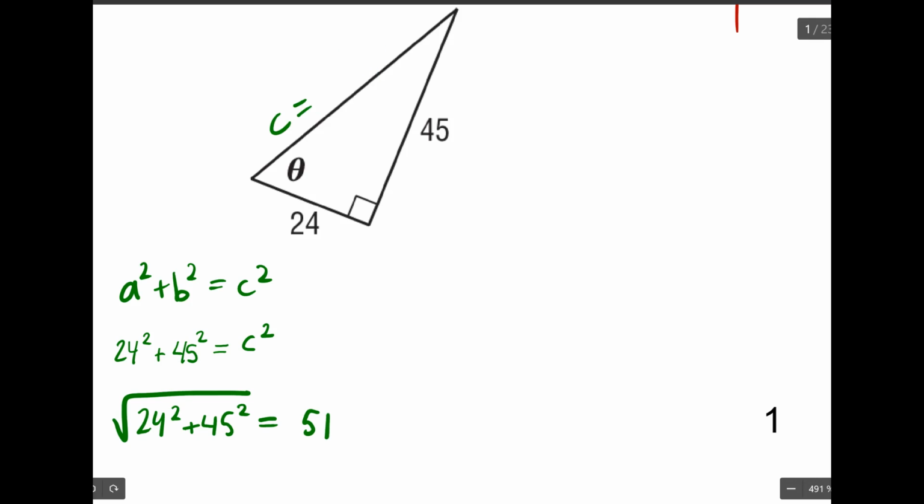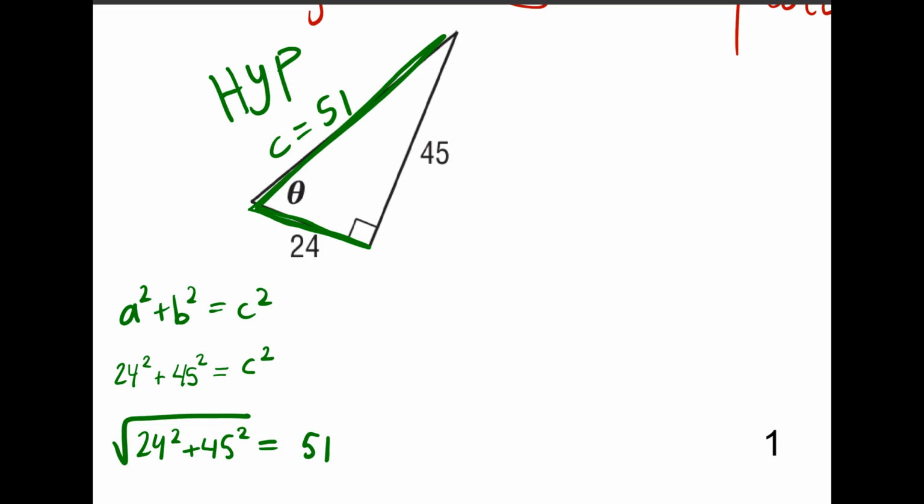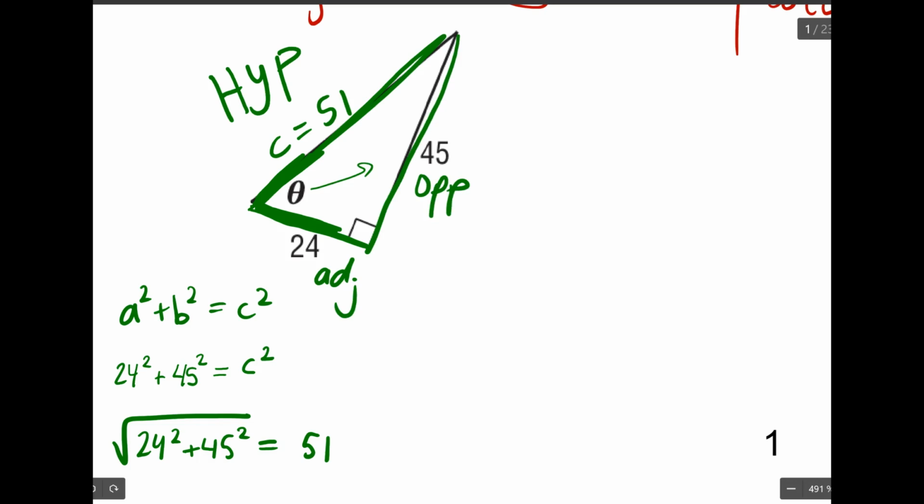We can go through and label what each side is. So the longest side, hypotenuse. 24 is which side, Ethan? Is it my adjacent or opposite? Your opposite? Close. Here's the angle, and it's literally touching the angle. So it's adjacent. Which means 45 is going to be my opposite side.